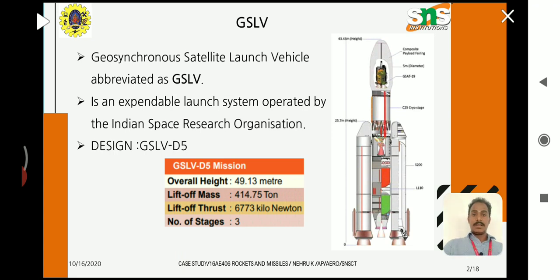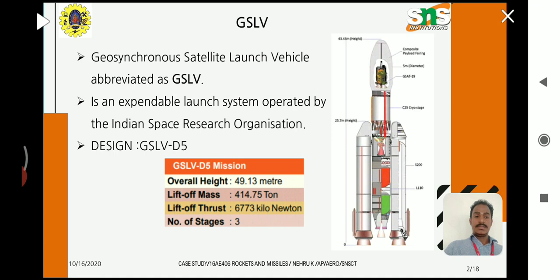It is an expendable launch vehicle system operated by the Indian Space Research Organisation (ISRO), and the design is GSLV D5, which has an overall height of 49.13 meters, a lift-off mass of 414.75 tons, and a lift-off thrust of 6,773 kilonewton.